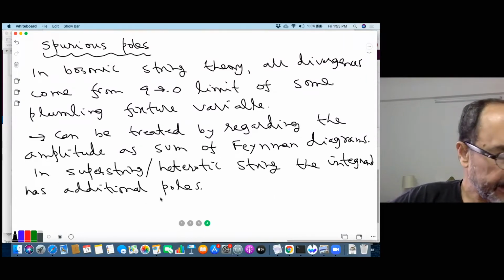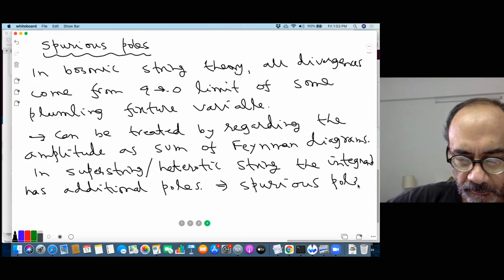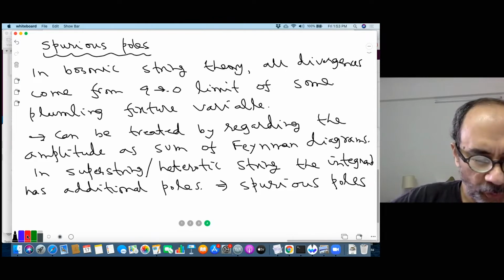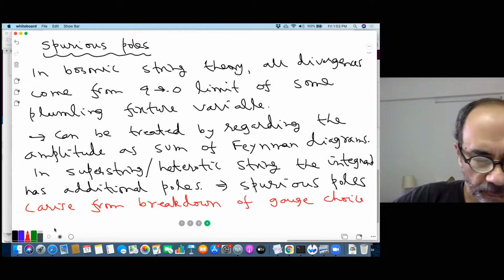These are known as spurious poles. Physically, one can show that these arise from breakdown of gauge choice for local world sheet supersymmetry.